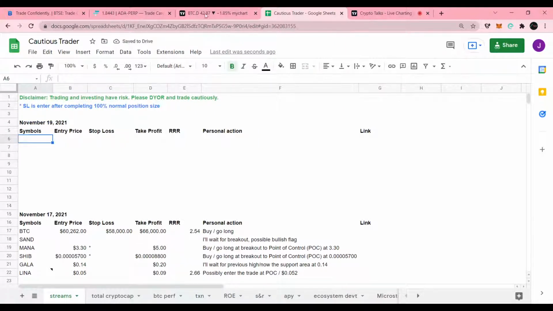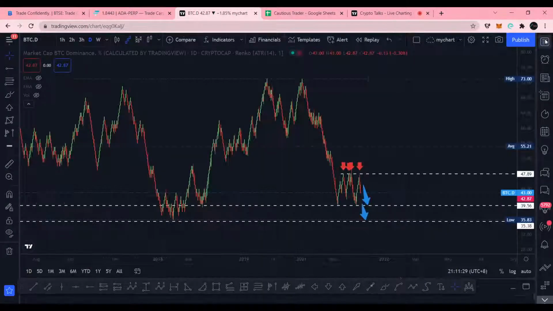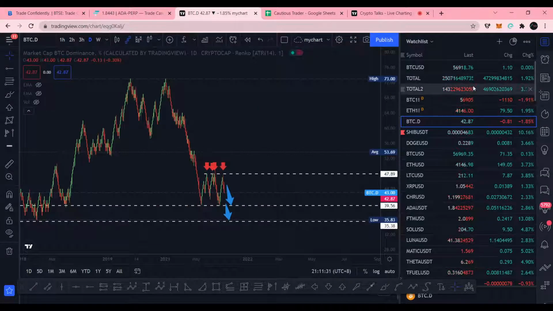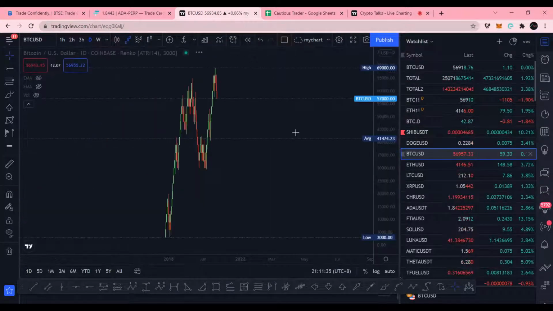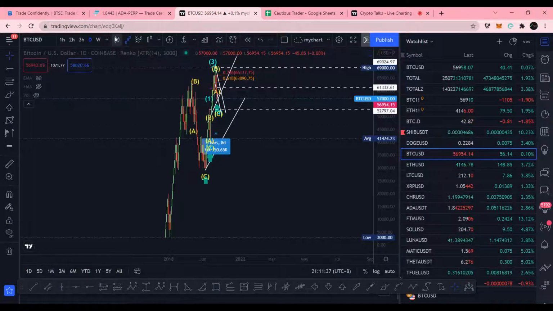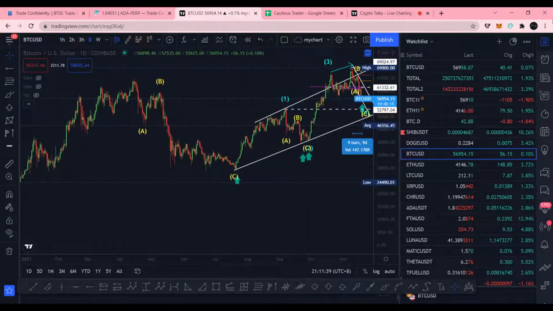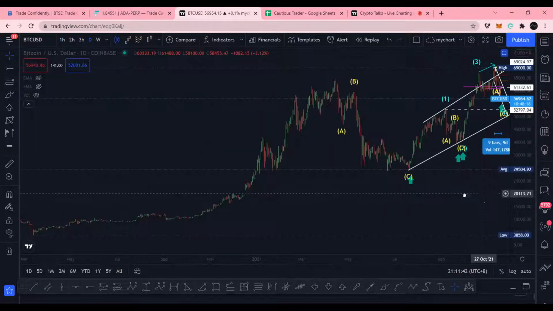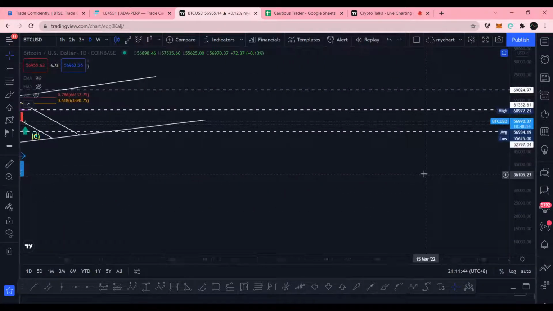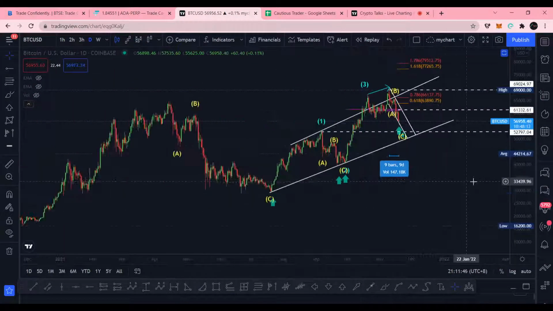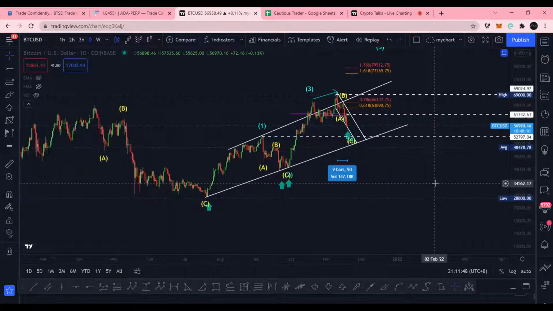So let's start with BTC. Actually, I don't have plans to enter BTC. I'll just wait for my orders for my current long position to hit their price, and then I'll go on to other altcoins. So for here, I may currently go long though.